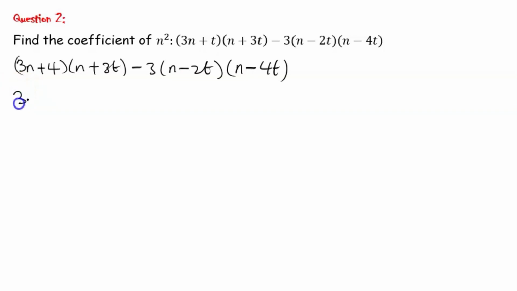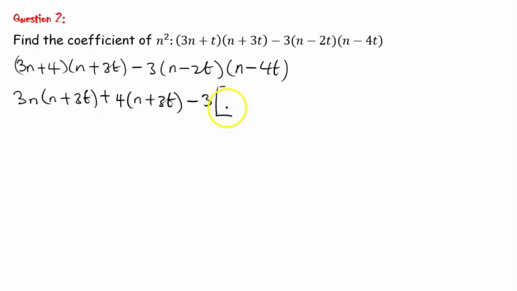We open it. So we have 3n into n plus 3t, then plus 4 into n plus 3t. Then we have minus 3, and I would like to put this into n minus 4t. Then we have minus 2t into n minus 4t.